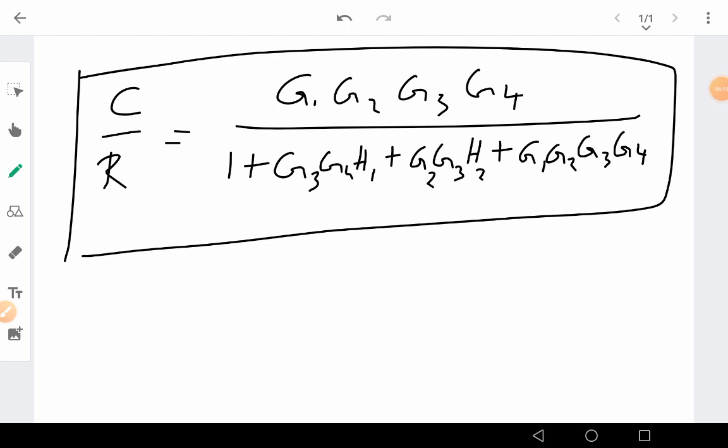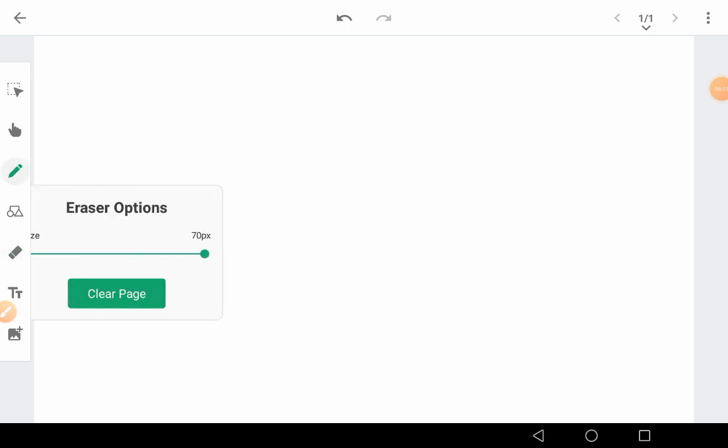Now we'll try a new question with multiple inputs.